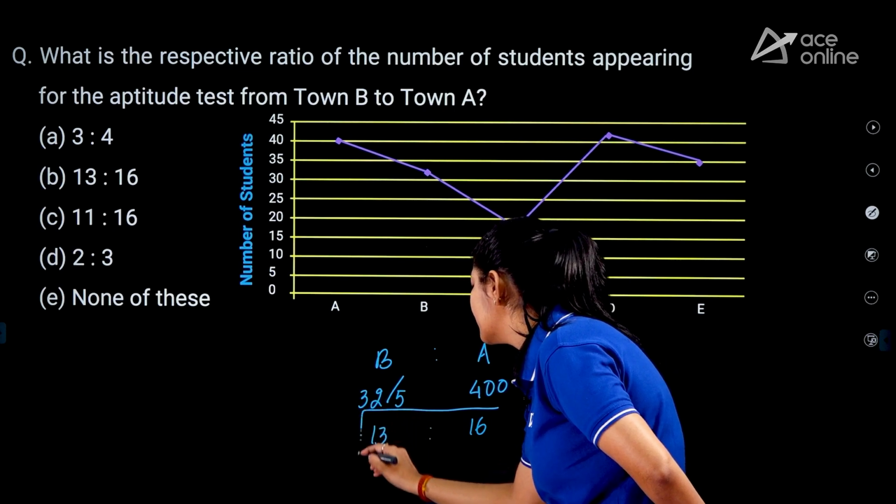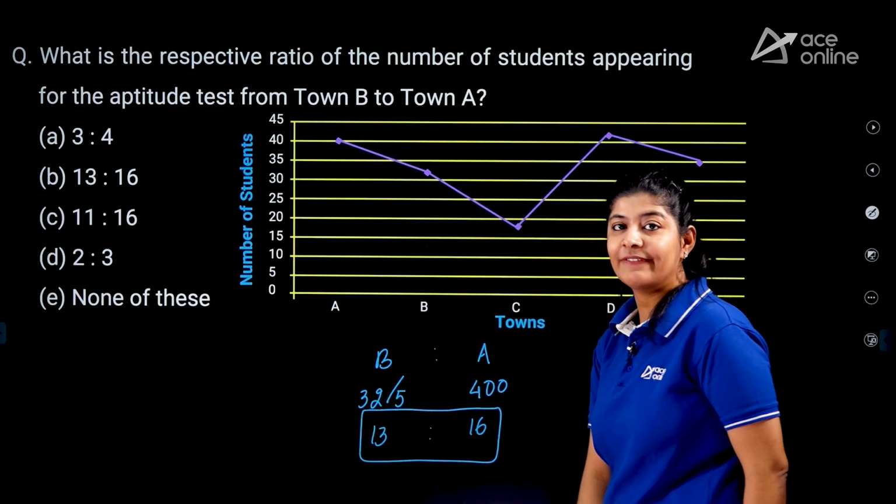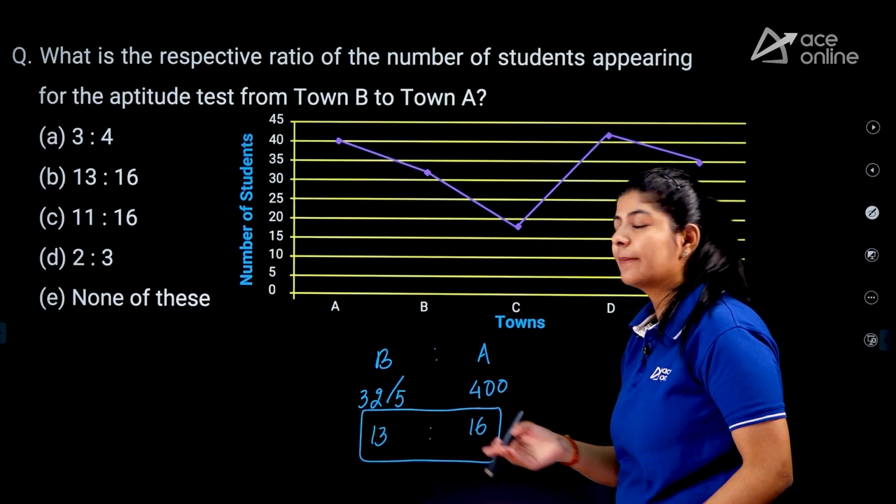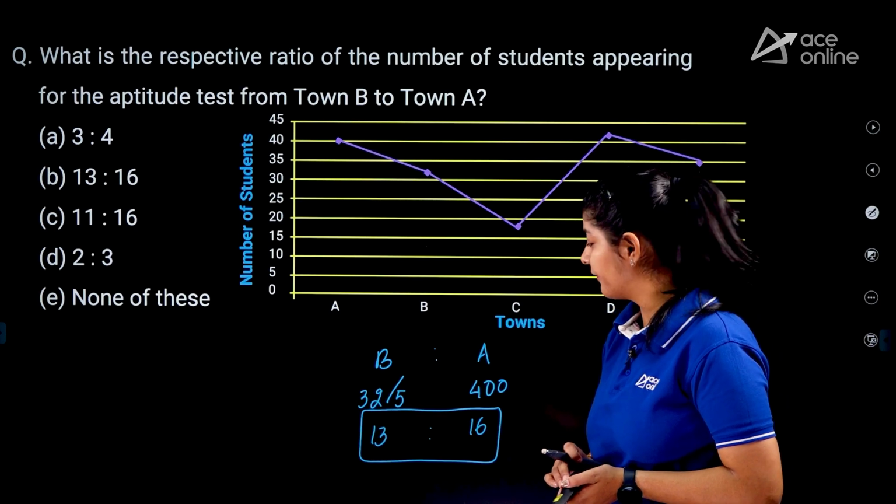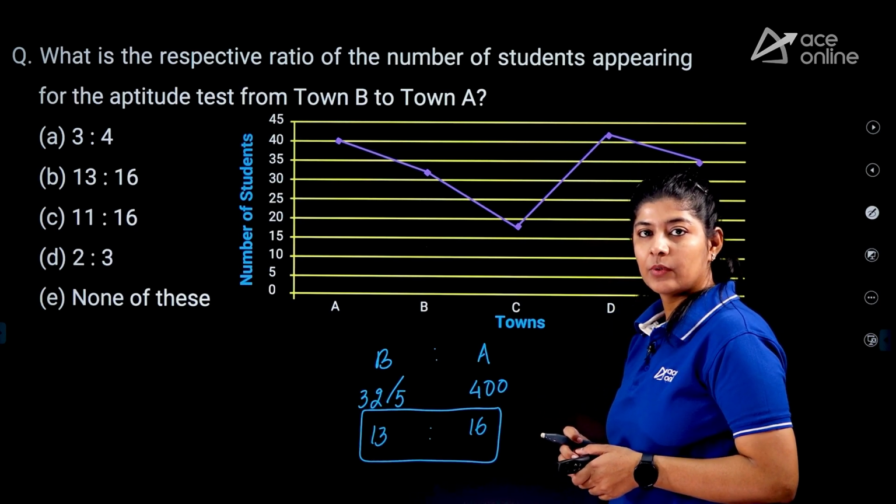After eliminating it with 25, because I know that both of the numbers are direct multiples of 25, I just started eliminating it with 25.